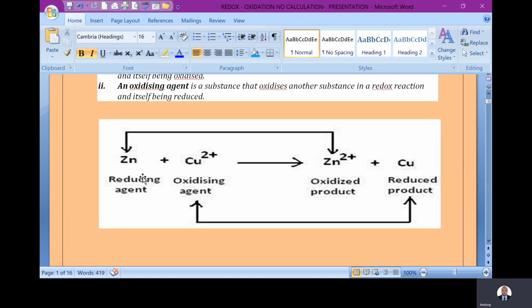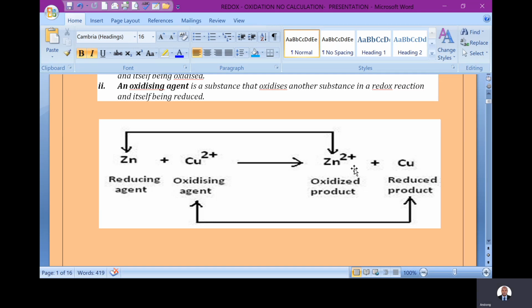Again, zinc has been oxidized from 0 to +2. We now say copper ion is the oxidizing agent because it has oxidized zinc from 0 to +2.